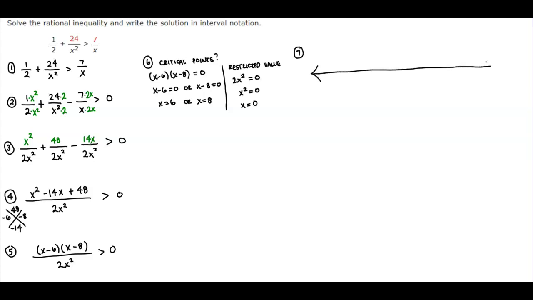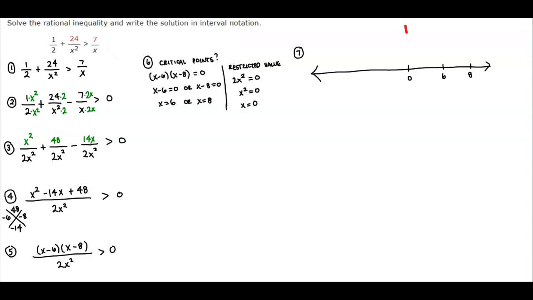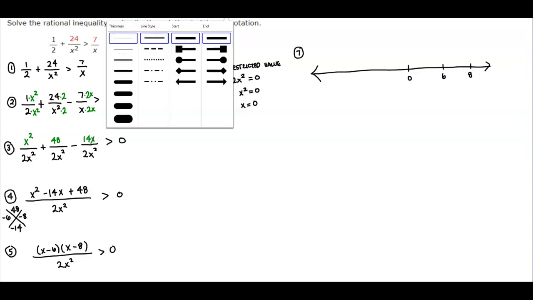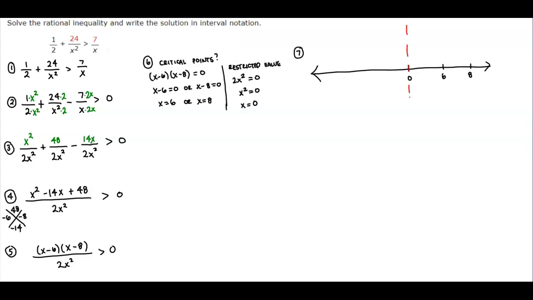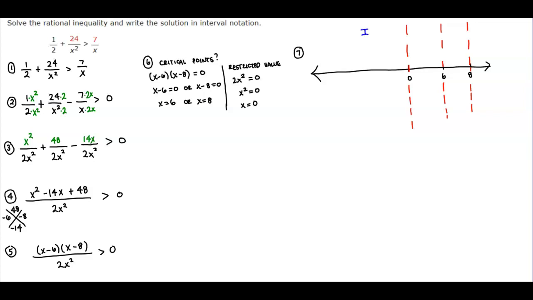So let's go ahead and draw our number line. We have 0, we have 6, and then we have 8. Let's divide our regions up. We have a critical point at 0, at 6, and at 8. That tells us that we're going to have 4 regions: Region 1, Region 2, Region 3, and Region 4.